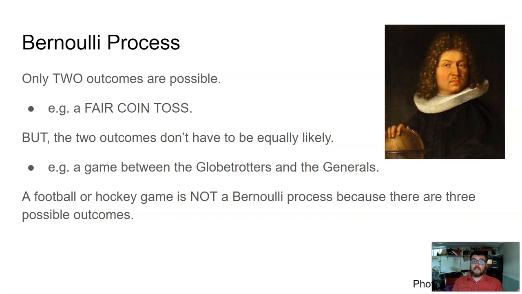And so that would be a Bernoulli process with probability of Globetrotters winning that's high and the Generals winning low. And a football or a hockey game is not a Bernoulli process because there are 3 possible outcomes: win, lose, or tie. So if there's a draw, that's the 3rd possible outcome, so it's not a Bernoulli process.